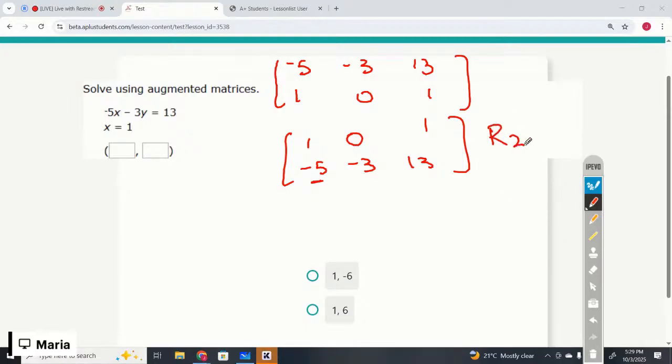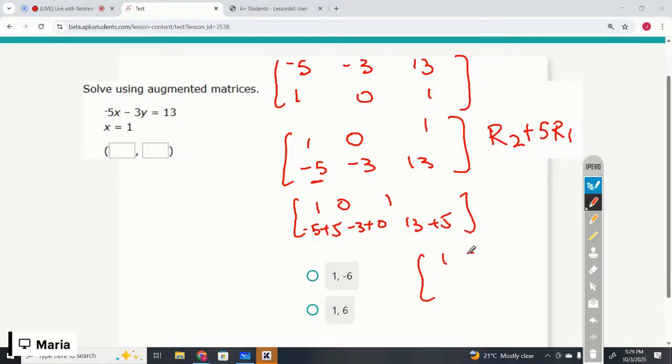So R2 plus 5R1. Let's add 1, 0, 1. Negative 5 plus 5 gives 0, negative 3 plus 0, and 13 plus 5.